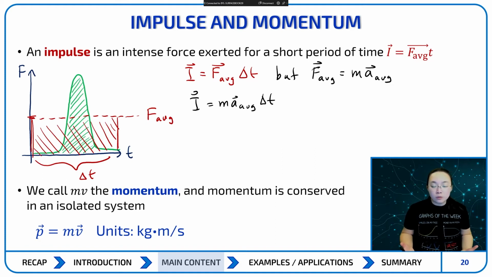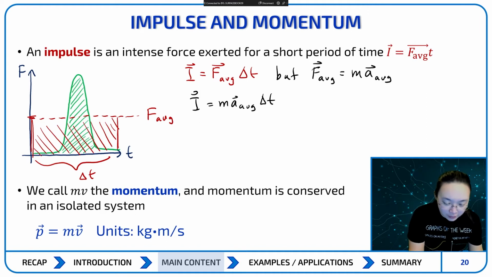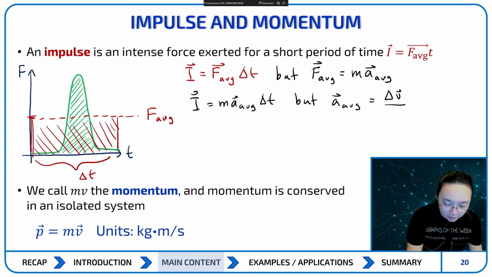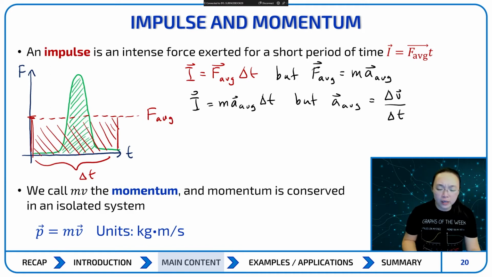Still doesn't get me to what momentum is, but I can redefine the average acceleration. The average acceleration is equal to some change in speed over t, or delta t. So I can replace it.